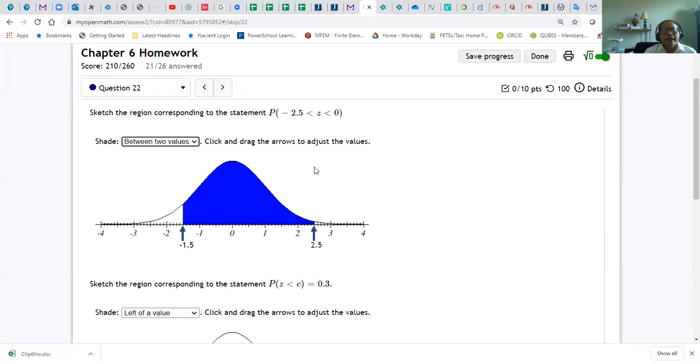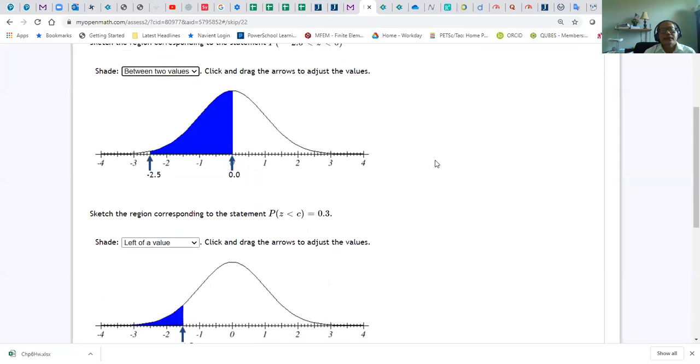So on the left side, you need to put negative 2.5, so you need to go to the left like this. And on the right side, you need to go to 0. This is for number 1.